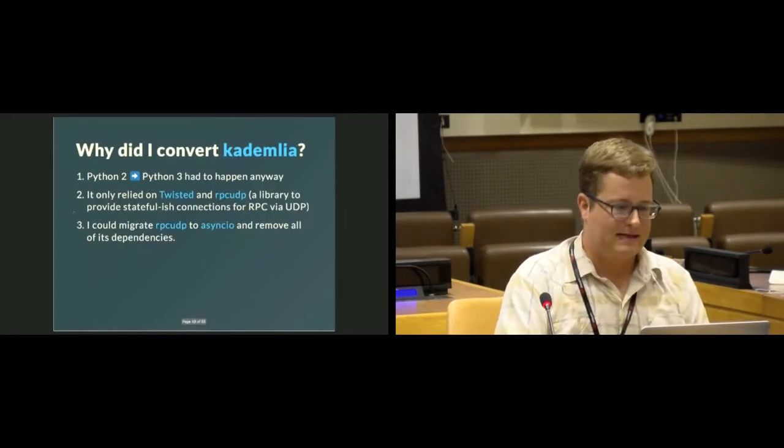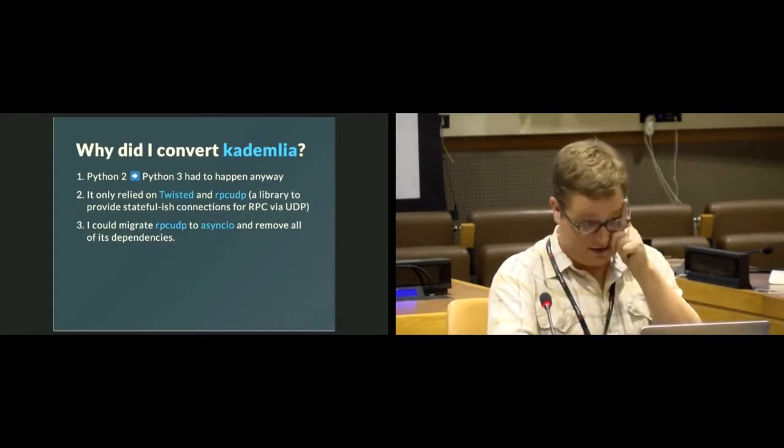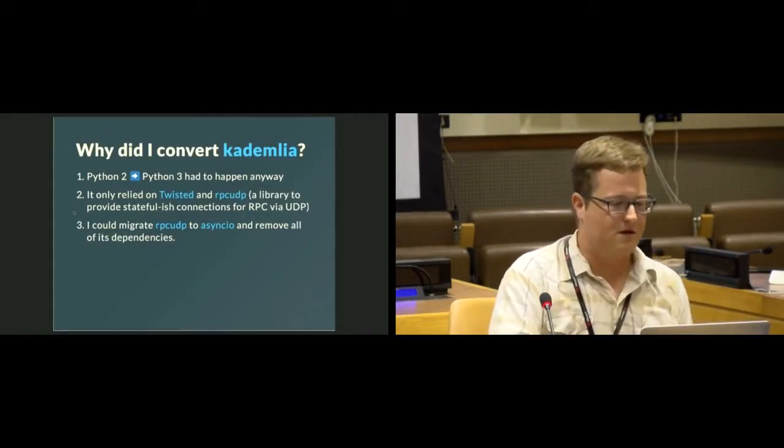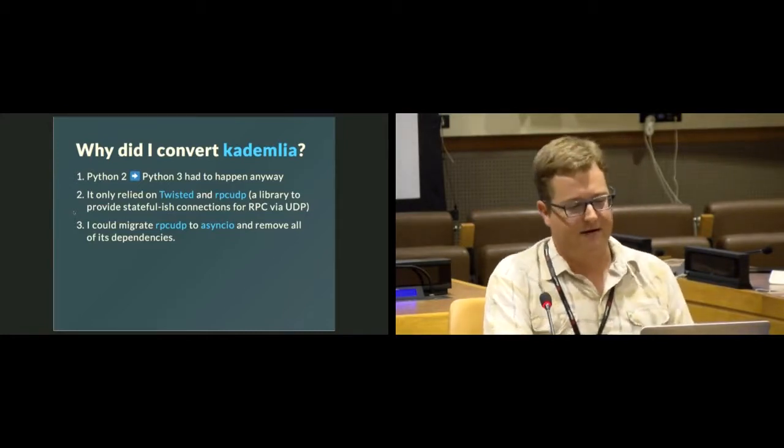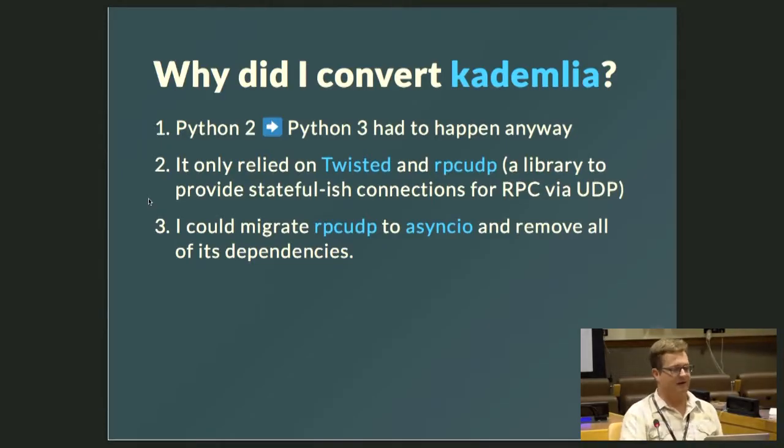Why did I convert Kademlia, the distributed hash table that I wrote? Well, I wanted to convert to Python 3 anyway. It only relied on Twisted and another library I wrote called RPC UDP, which provides a stateful-ish connection for RPC, so remote procedure calls. You can run a remote procedure on another computer using UDP as opposed to TCP.